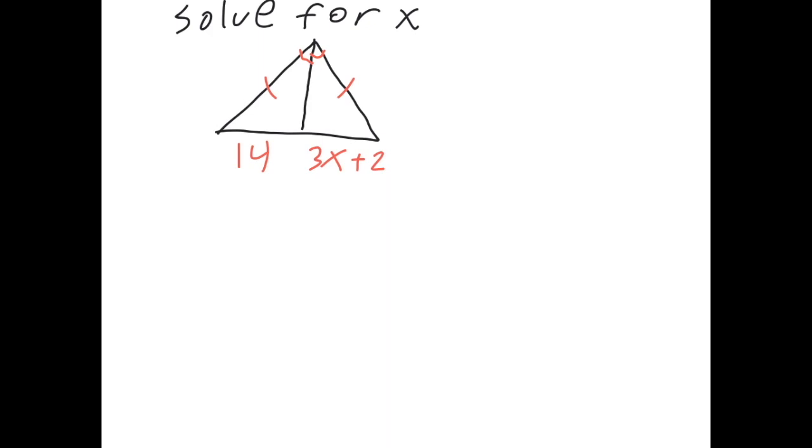And we learned before that if it cuts the vertex angle as an angle bisector, it's also a median and it's also an altitude. So it's also a right angle here. And also these two sides are equal to each other.